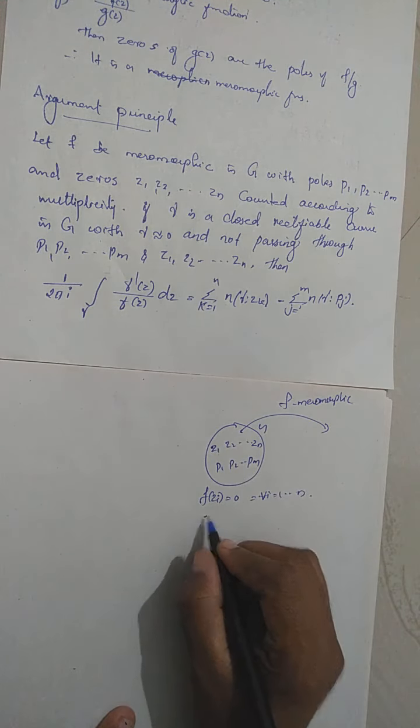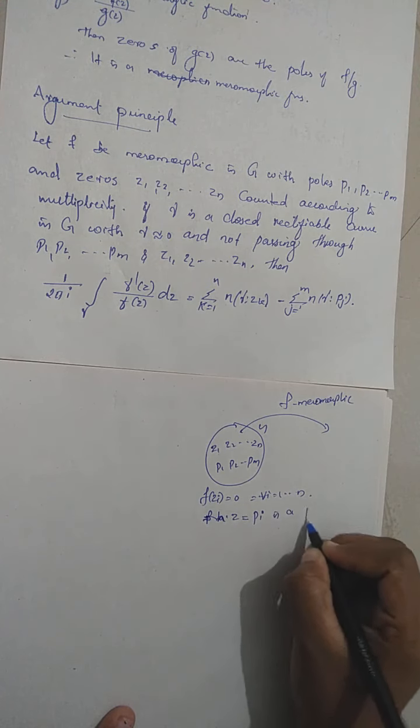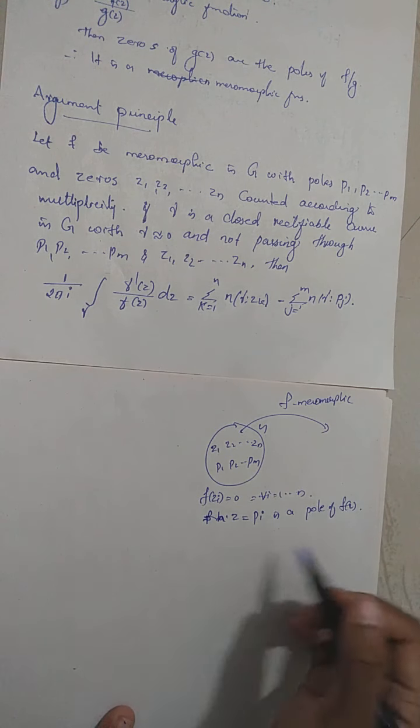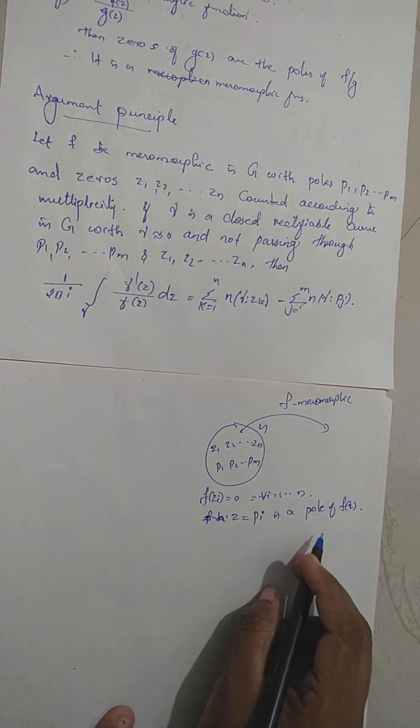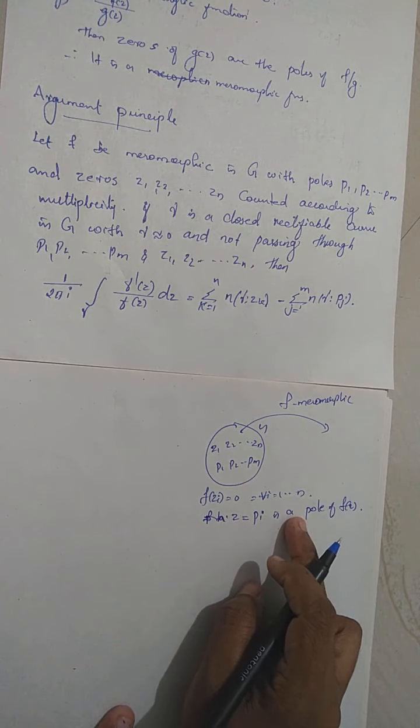That means z equal to pi is a pole of f(z). So these are the two conditions given, and these poles and zeros are counted according to their multiplicity.